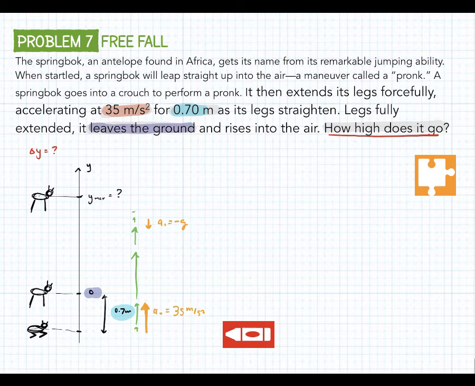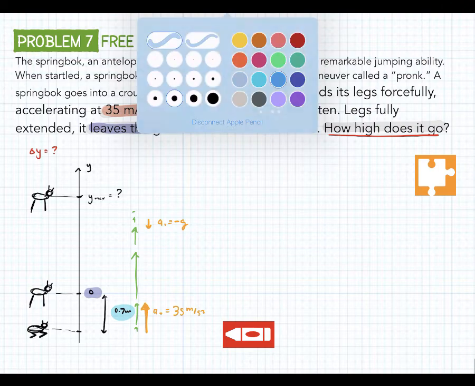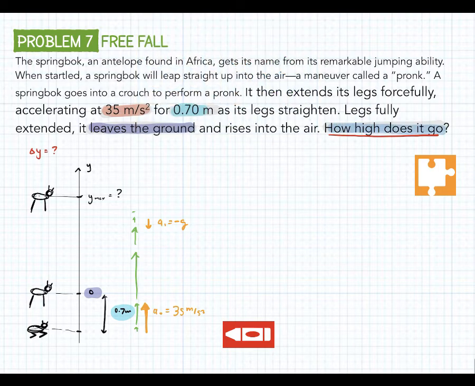We want to know how high it actually goes, so that's what we're looking for. There's one more implied thing we have to figure out, and that is the velocity. Let's call this y max y2.